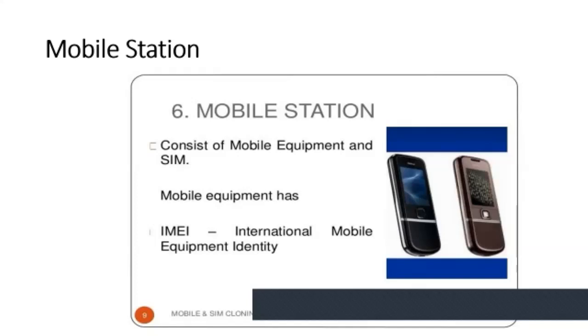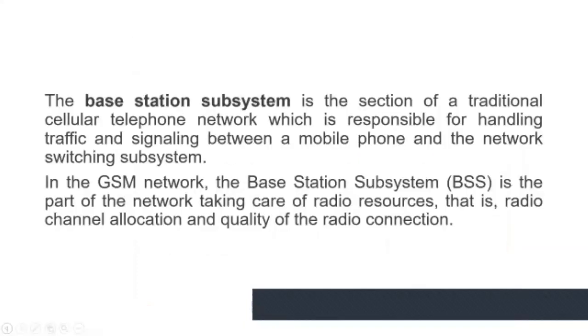The base station subsystem is the section of a traditional cellular telephone network which is responsible for handling traffic and signaling between a mobile phone and the network switching center.